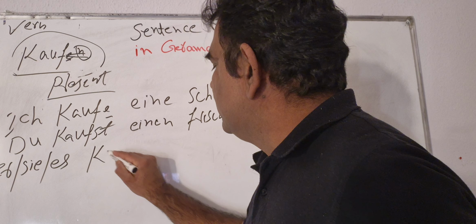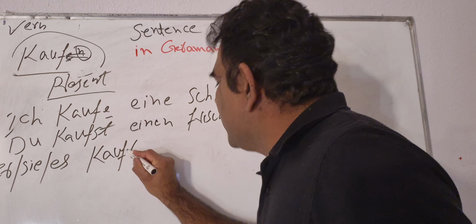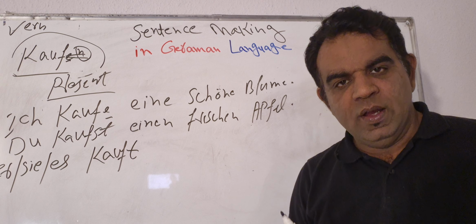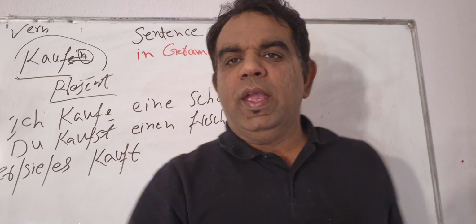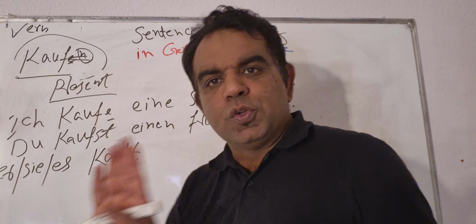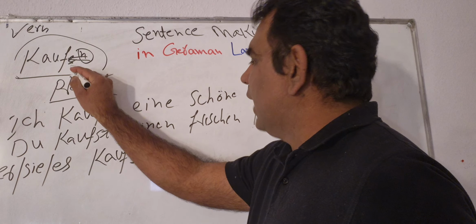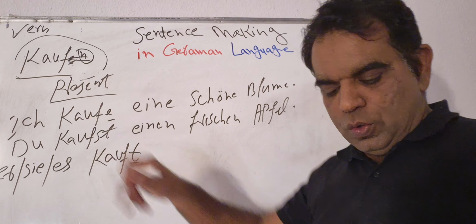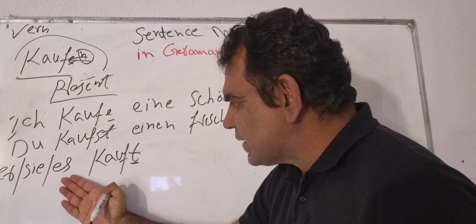With every verb, we don't write en, we write t instead of en. So when you have the subject er, sie, or es, you always write t instead of en. So now we can write a sentence here: er kauft, or sie kauft, or es kauft.